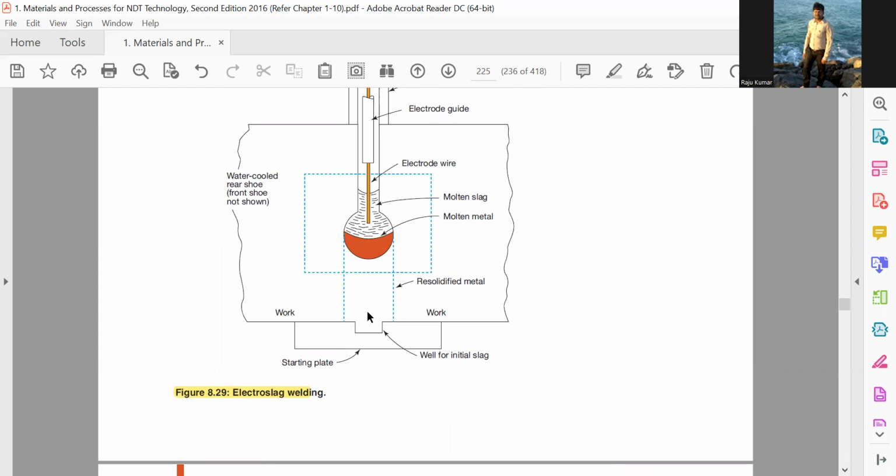Here is the starting plate. This is the work. The resolidified material. Let us see from here: the electrode guide or multiple electrode guide, electrode wires, this molten slag and molten metal.